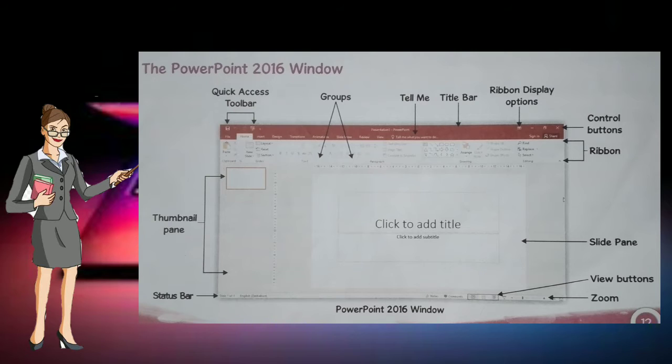Quick access toolbar, groups, Tell Me, title bar, ribbon display options, control buttons, ribbons, thumbnail pane, status bar, PowerPoint slide pane, view buttons, zoom, etc. These are the components of the PowerPoint window.